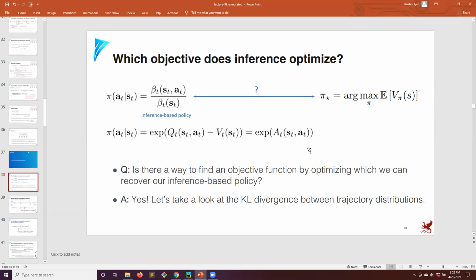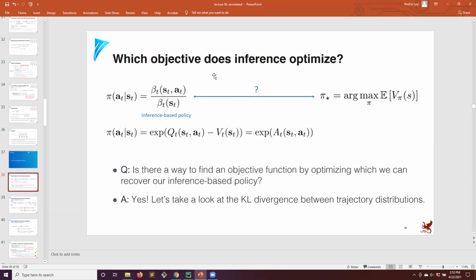Now the idea is, is there a way that we can find an objective function by optimization, which we can use to recover this? So in other words, is there some kind of a bridge between this optimal policy and this inference-based policy?